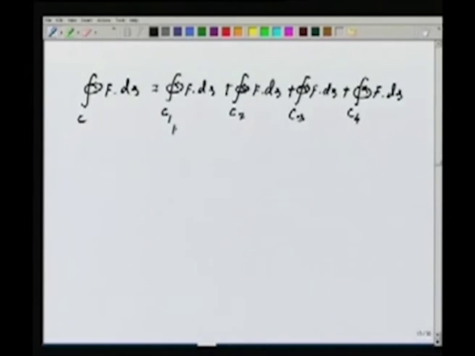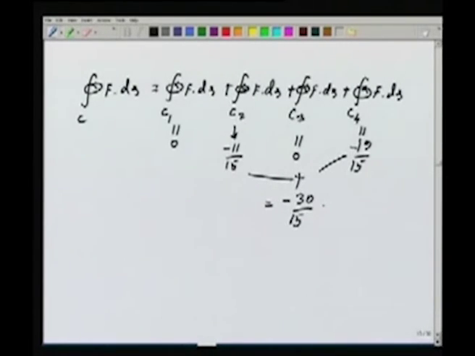Now this integral is 0, C1 that we have seen, this is also 0, this turns out to be minus 11 by 15, and C3 turns out to be 0, C4 turns out to be minus 19 by 15. If I add these two, I get minus 30 by 15, which equals minus 2. So the line integral portion turns out to be minus 2.